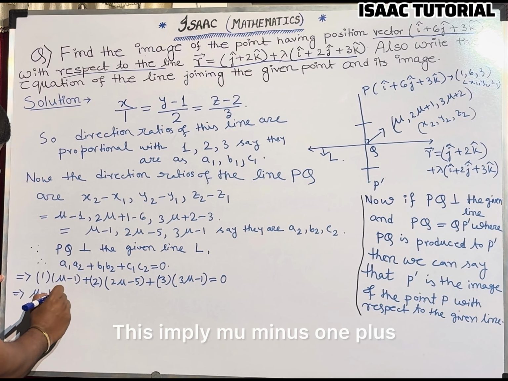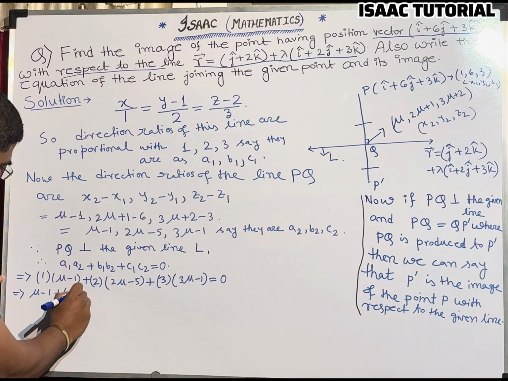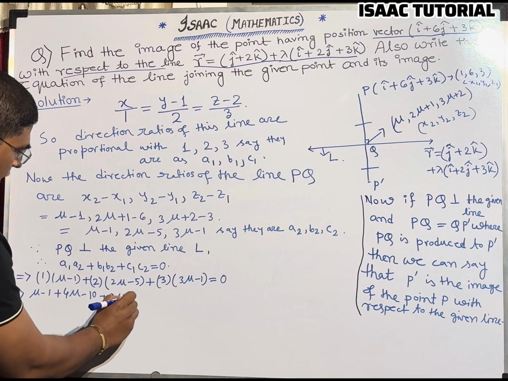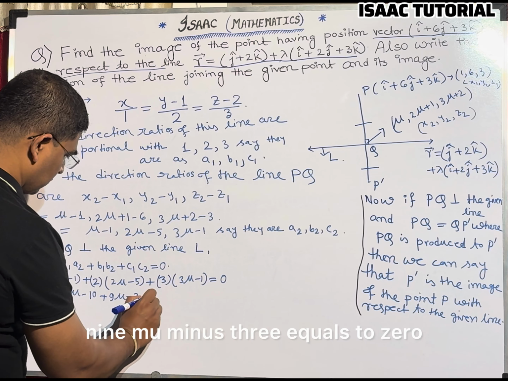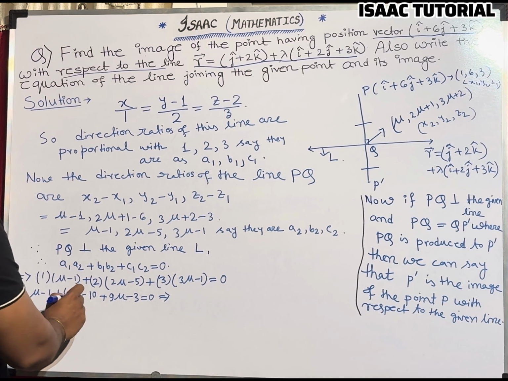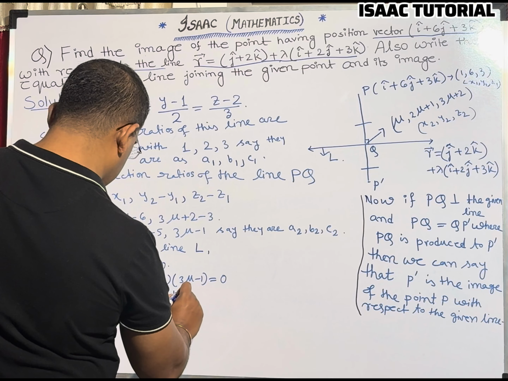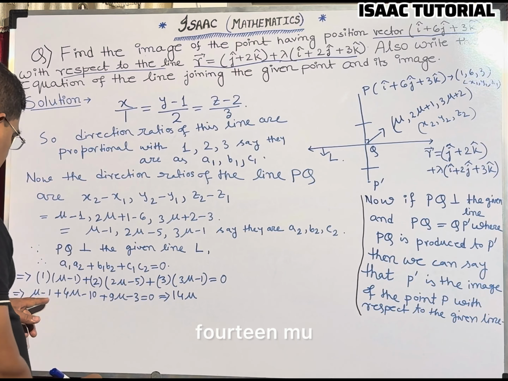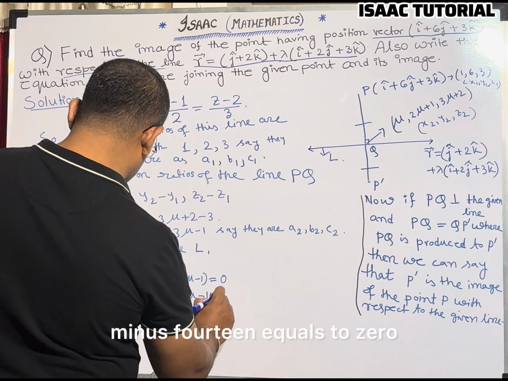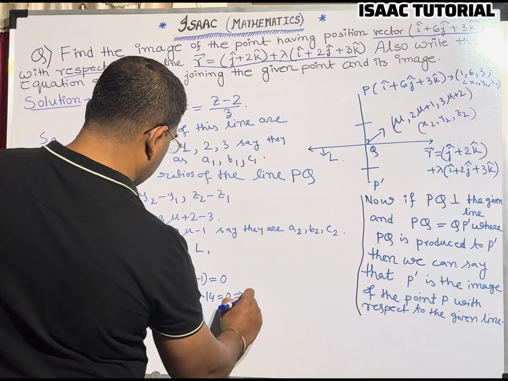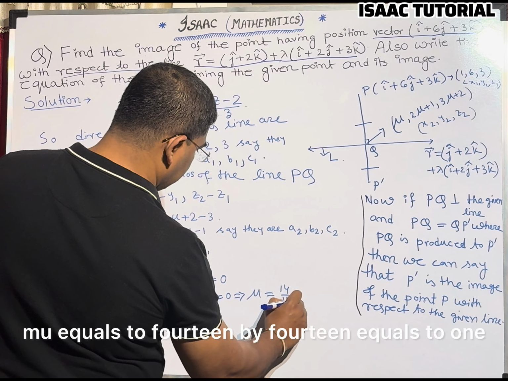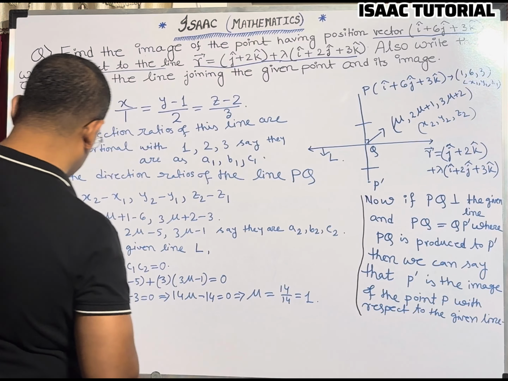This implies mu minus 1 plus 4 mu minus 10 plus 9 mu minus 3 equals 0. This implies 14 mu minus 14 equals 0. This implies mu equals 14 by 14 equals 1.